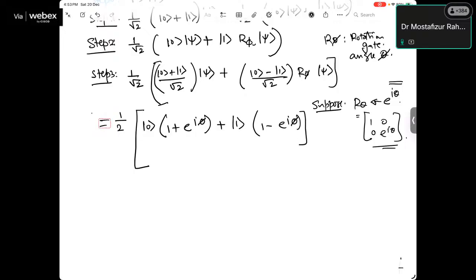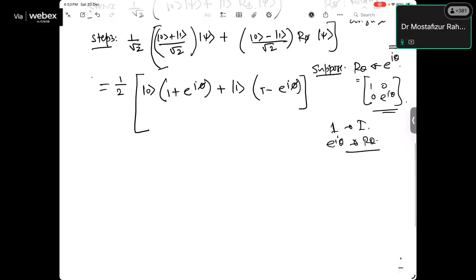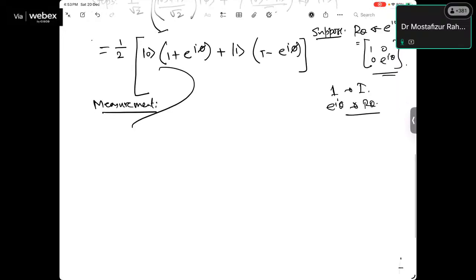Else you can write it in the matrix form. In the matrix form, 1 will be your identity matrix, and e to the power i phi you can write as r theta. That form also is fine. So this looks good, because when you do measurement, this thing will become the probability of getting the 0, right?